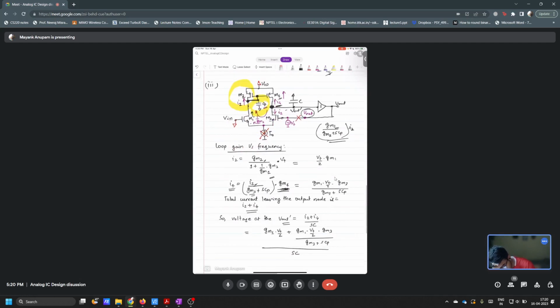So what is V return? Exactly same, isn't it? This is the buffer of gain 1. So whatever is appearing here, it will simply appear here, right?